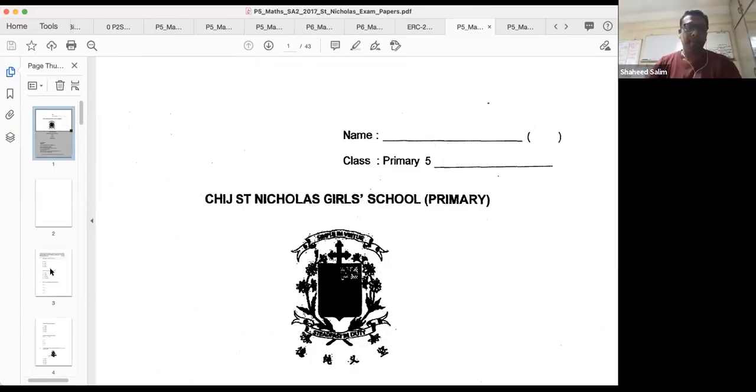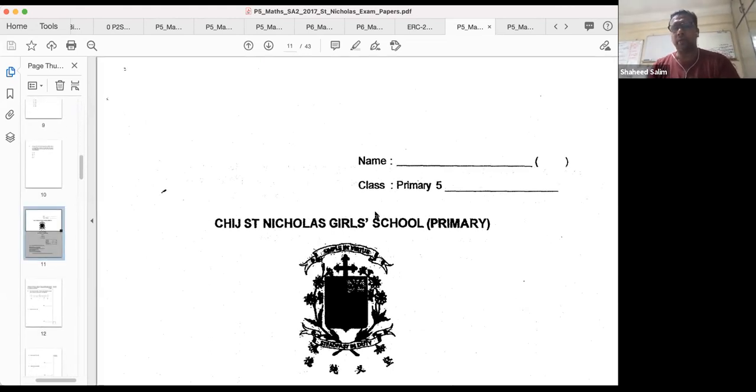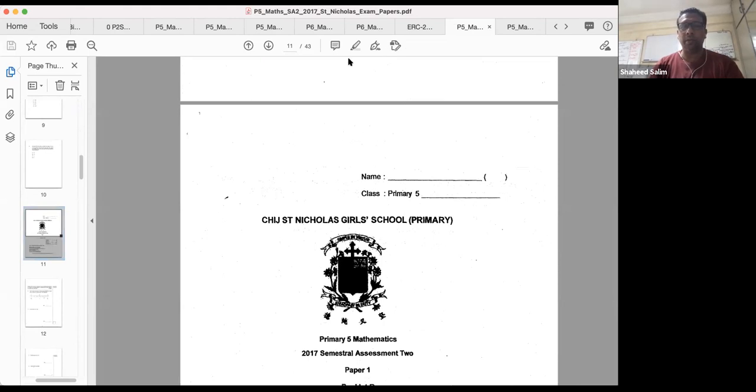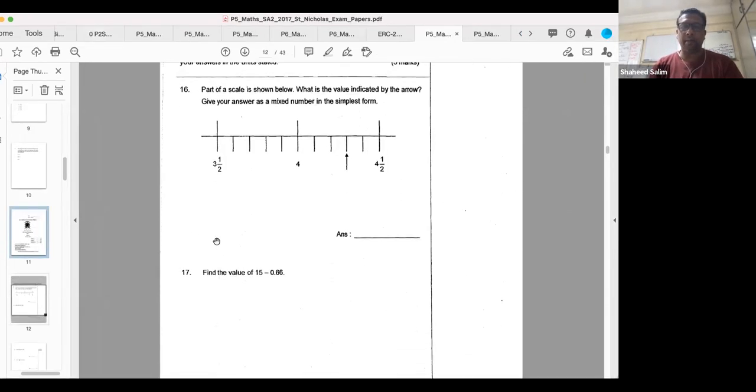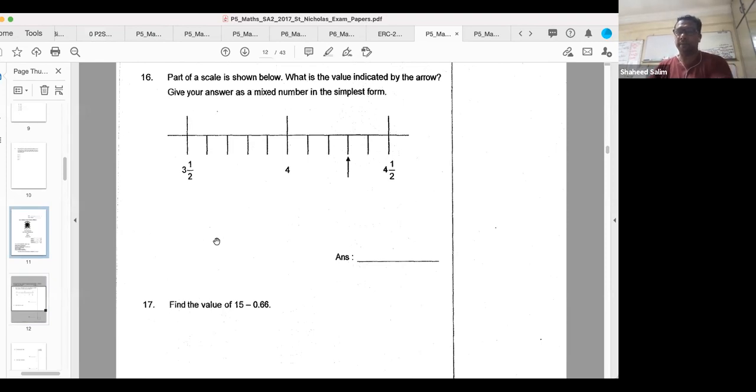Okay, so we are going to start with this one, section 2. Who's here? Shakir is here, right? Okay. Let's start with this one, please. 16 and 17.